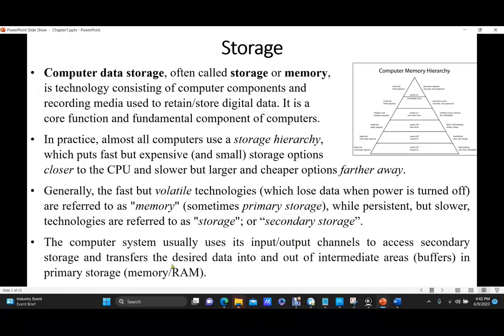The computer system usually uses its input-output channels to access secondary storage and transfers the desired data that is going to be used immediately into and out of intermediate areas called buffers in primary storage, also memory or RAM.